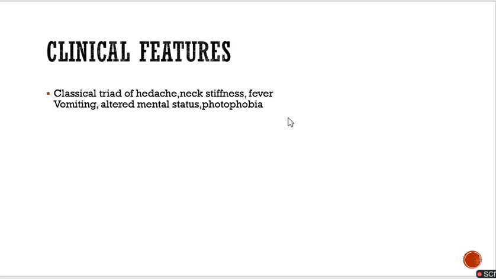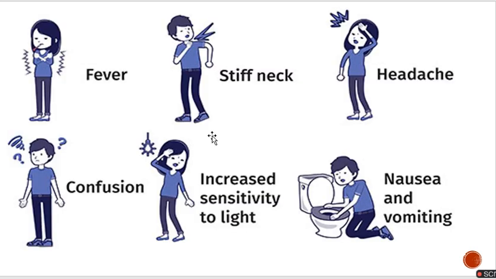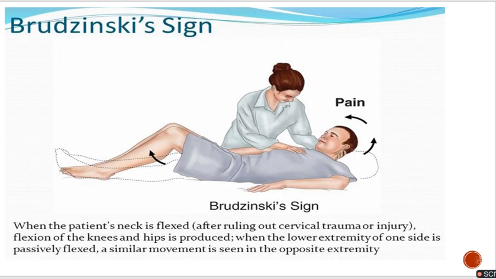As a result, the patient develops light sensitivity. This is photophobia. So our clinical features are high-grade fever, neck stiffness, confusion, increased sensitivity to light, and nausea and vomiting. So clinically, how can you examine the patient to see whether someone has developed meningitis or not?